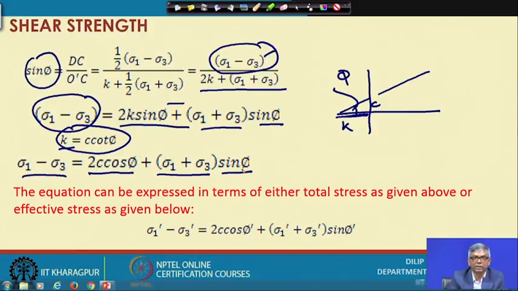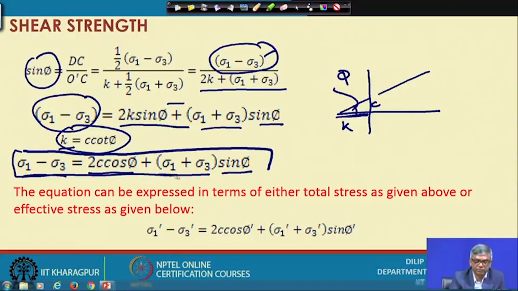So, this is a very generalized expression relating sigma 1, sigma 3 and phi of the soil. I have written this equation in terms of total stress. Similarly, the equation can be expressed in terms of either normal stress as given above or effective stress as given below.